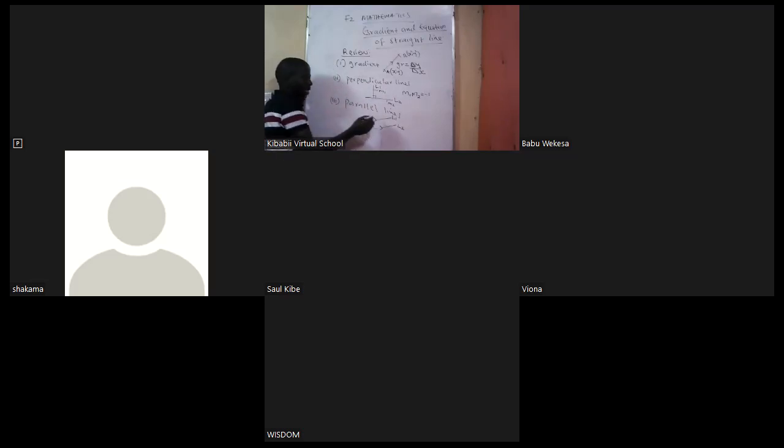If we let the gradient of L1 be M1 and the gradient of L2 be M2, then M1 will be the same as M2. So that is the relationship for parallel lines: the gradient is the same. And my good friend, you must take note of the topic. The topic is called the gradient and the equation of a straight line.